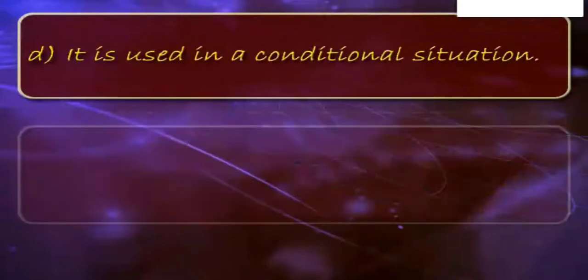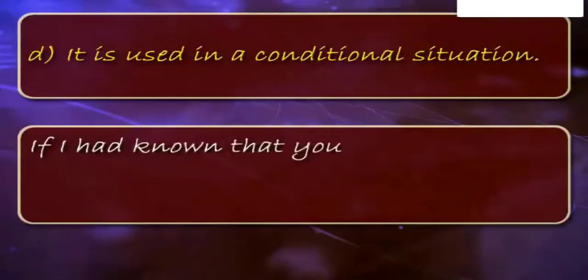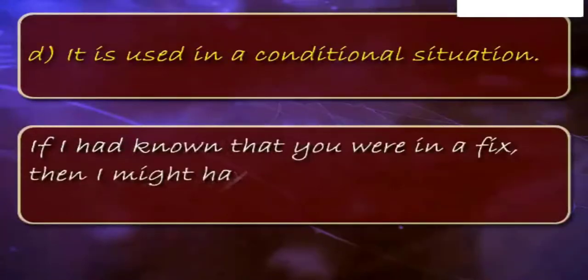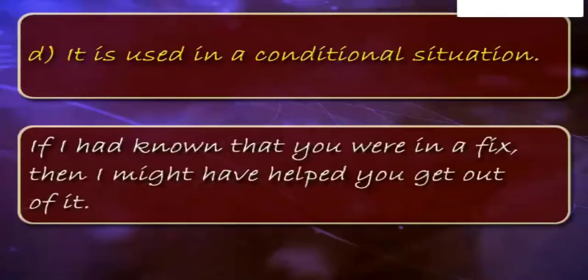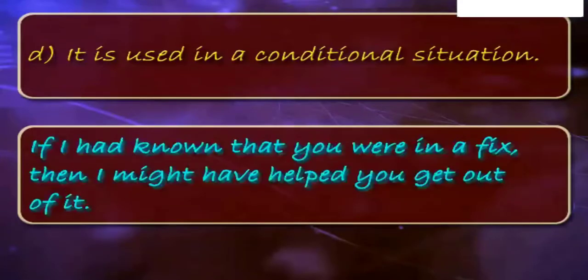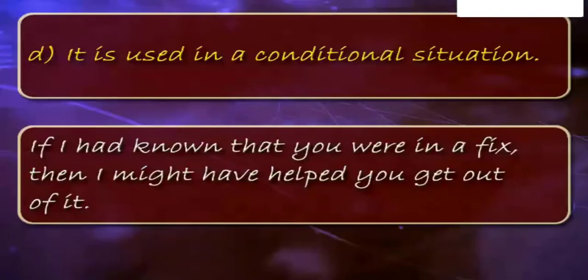D. It is used in a conditional situation. If I had known that you were in a fix, then I might have helped you get out of it. Here, might is used to show a conditional situation, where if I had known that you were in a fix, I could have helped you get out of it.